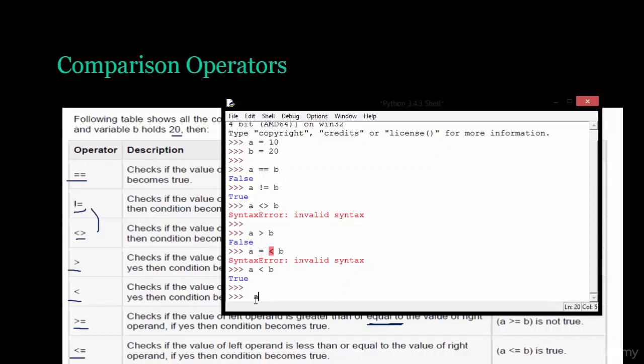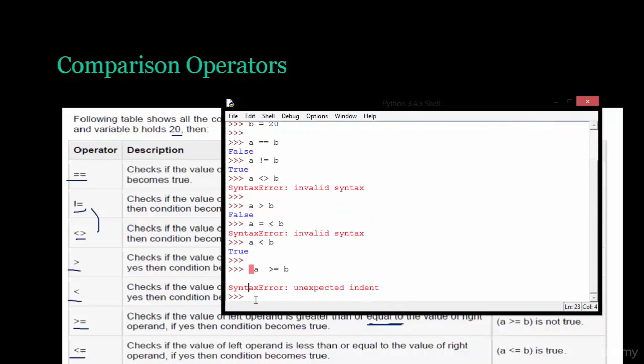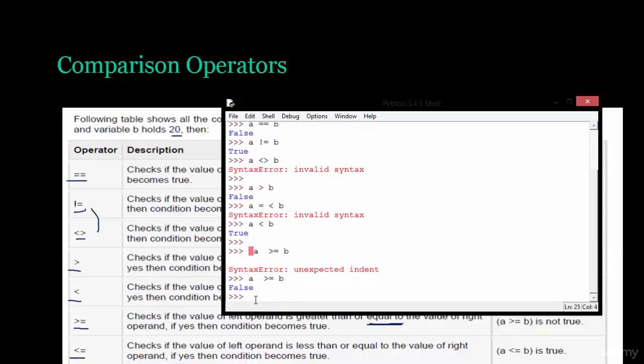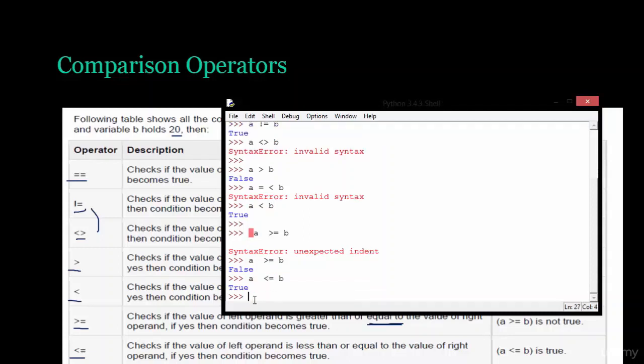And if I type A greater than or equal to B, sorry about this space here, this will give us false. And if I type A is less than or equal to B, this will give us true because the value of A is 10 and the value of B is 20.